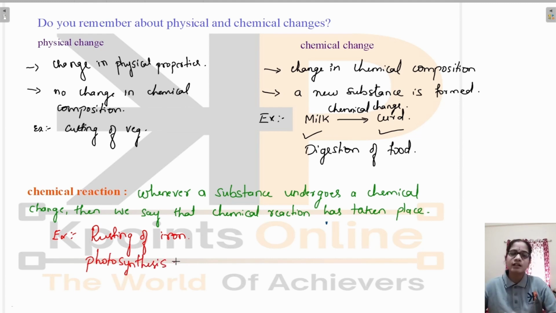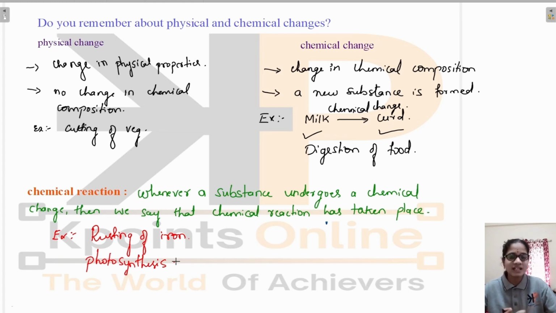In your examination a question may be asked where you have to identify the chemical change. There may be four options for you to identify whether they are chemical changes or physical changes. What you need to remember is that in a chemical change a new substance is formed.